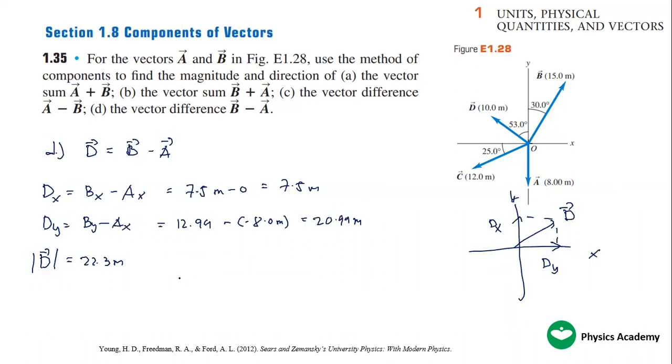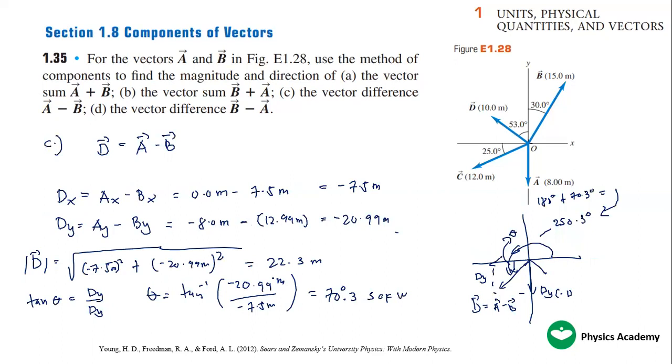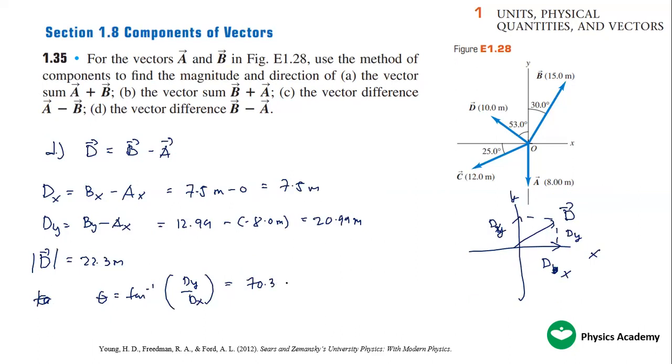For the angle theta, using the tangent inverse, this is actually dx and this is actually dy. So the opposite is dy over dx. The angle is also the same, which is 70.3 degrees.